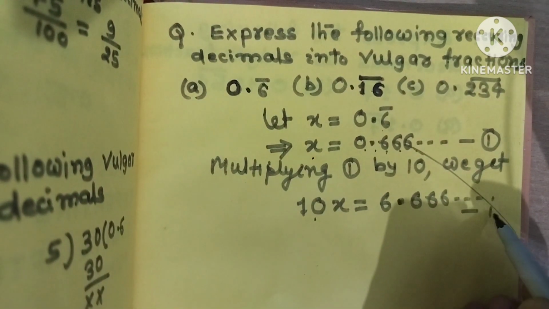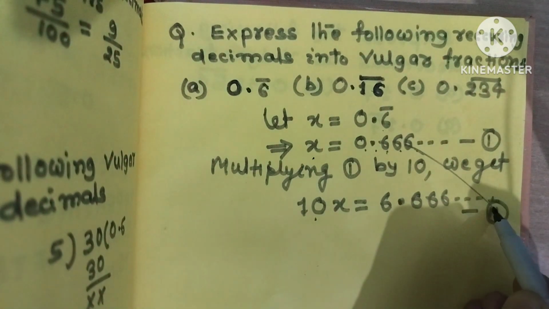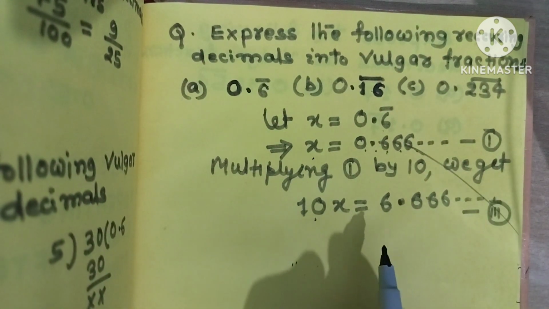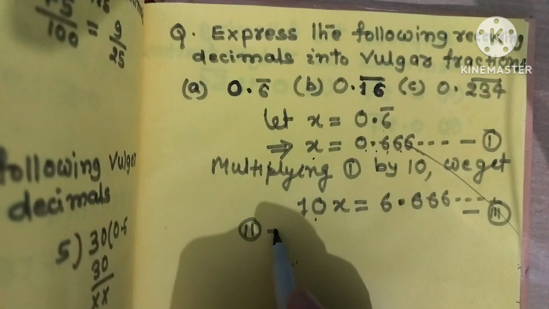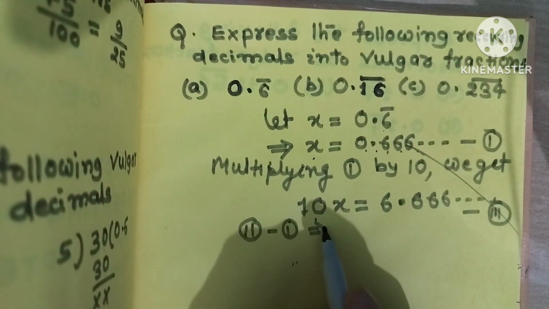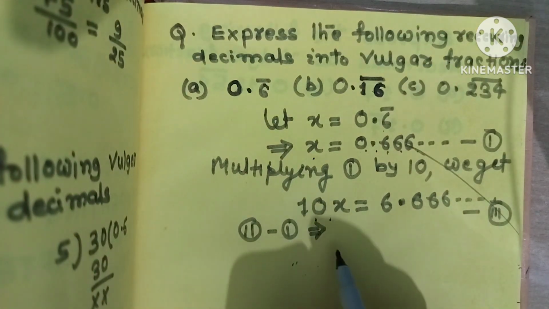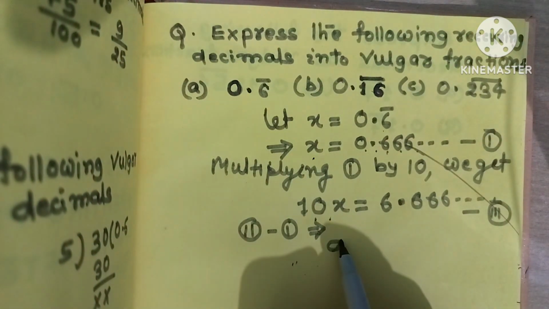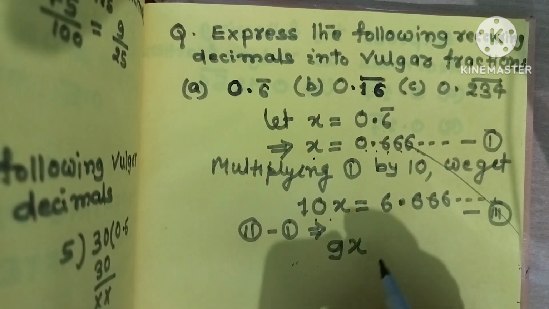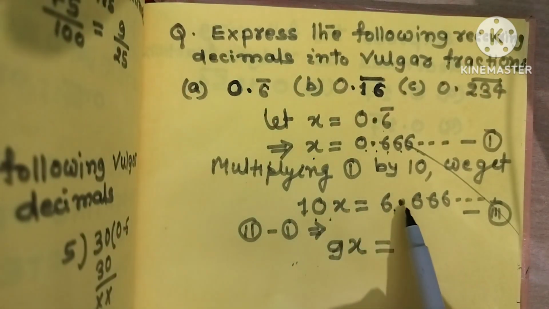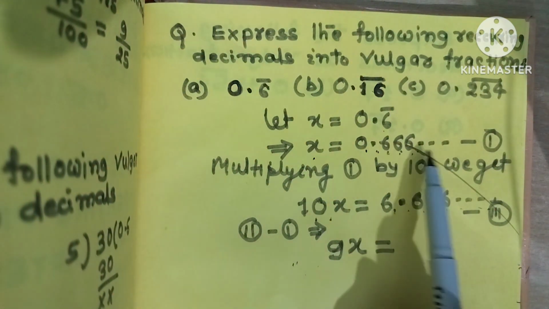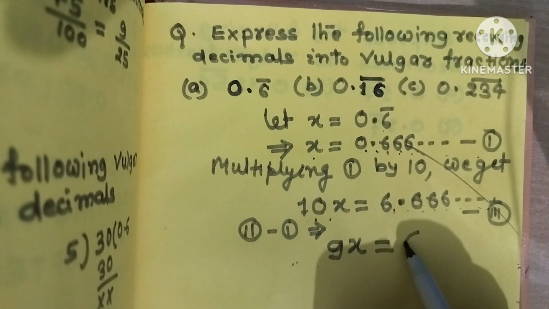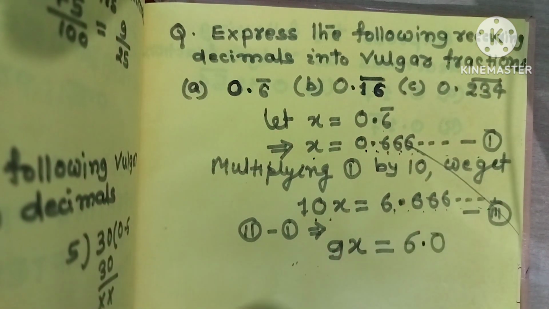And this is second. Now subtracting first from second, second minus first implies 10x minus x, that is 9x, is equal to 6.666 minus 0.666 that will be equal to 6.0.